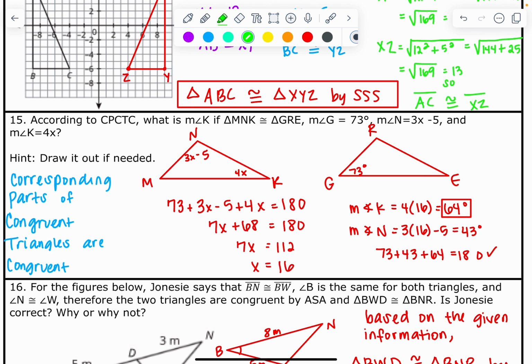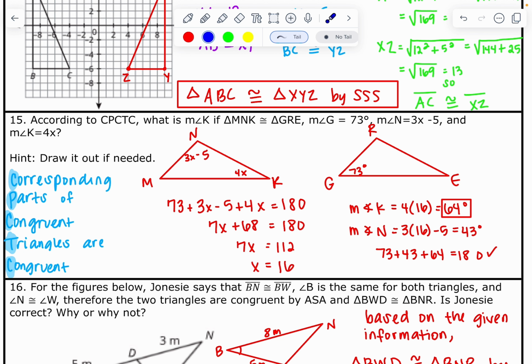All right, I know that's a lot, but that's what it is. So there's your C, your P, your C, your T, your C. Basically, it's just saying if two triangles are congruent, then the parts that go together are equal. That's it. We went over this when we first started this topic.